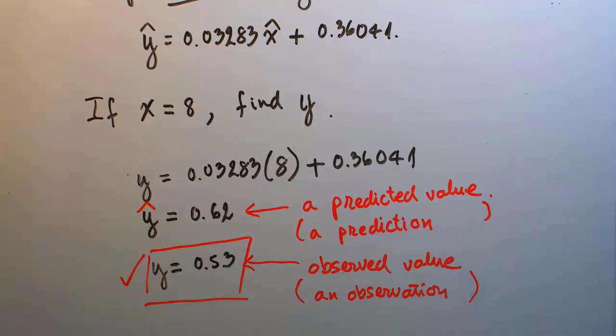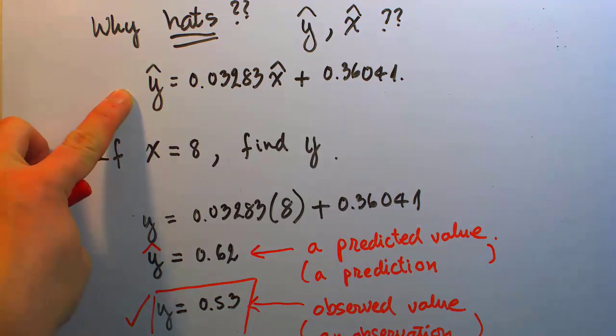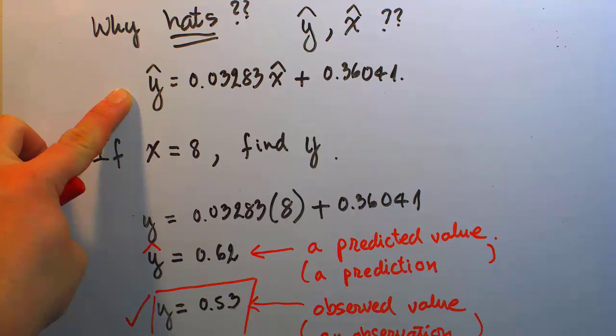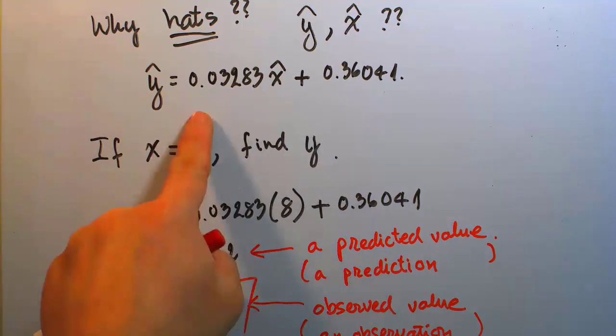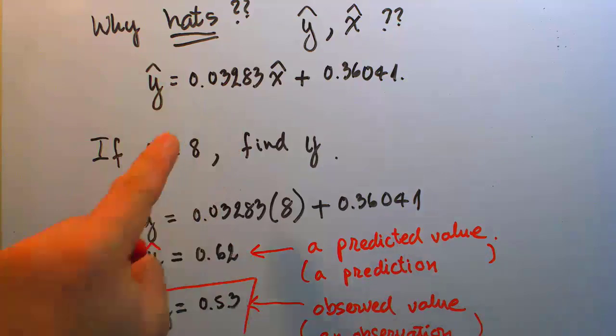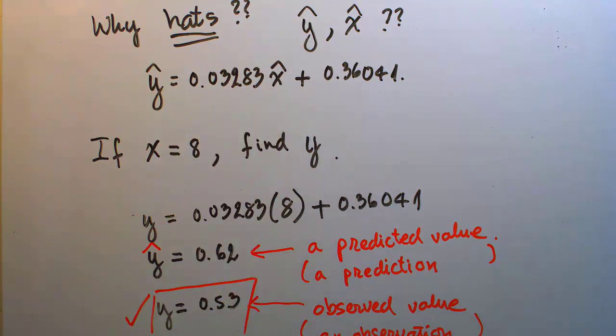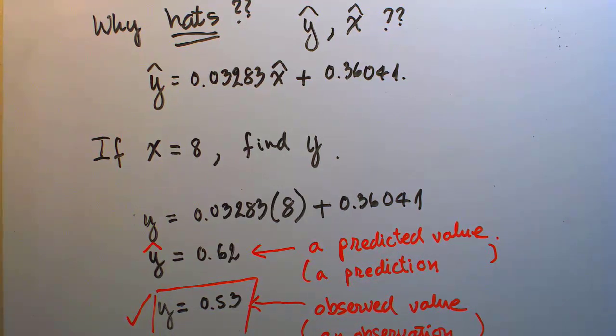The explanation for why we use hats in our equation is to remind anyone that anytime you use this equation, its only and permanent purpose is to come up with a prediction. So any value for x or for y coming out of this equation only remains as a prediction.